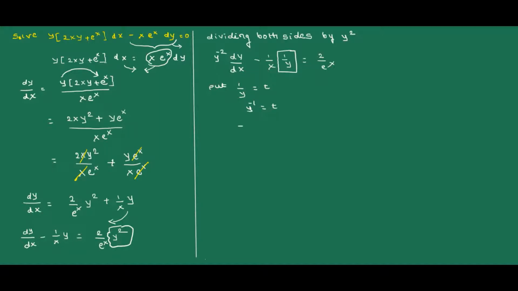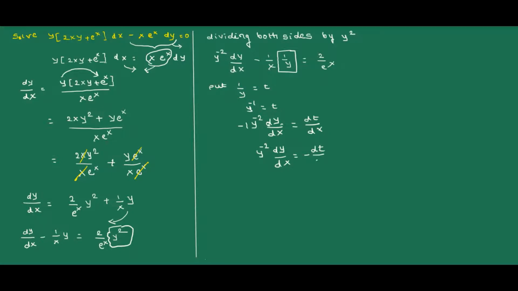If you differentiate, you will get minus 1 into y raised to minus 2 into dy by dx is equal to dt by dx, or we can also write it as y raised to minus 2 into dy by dx is equal to minus dt by dx.